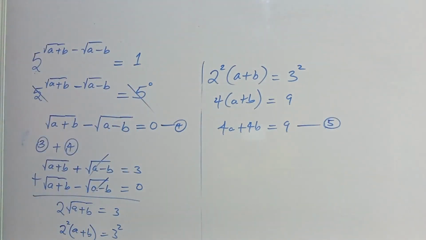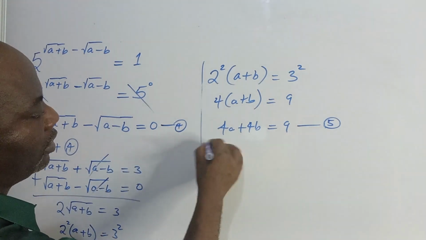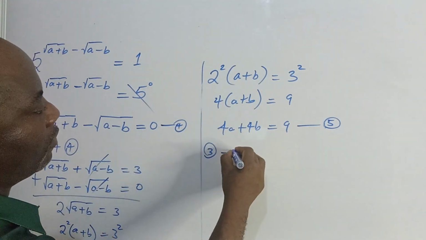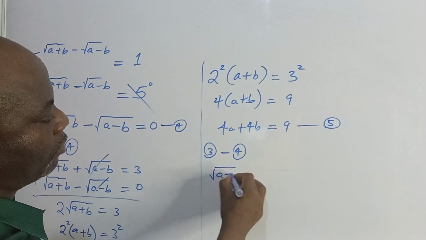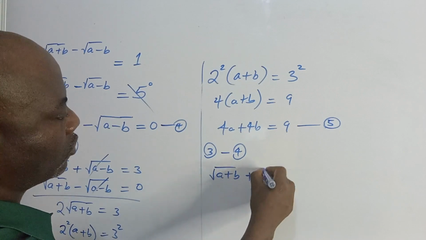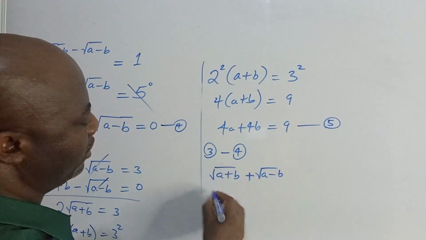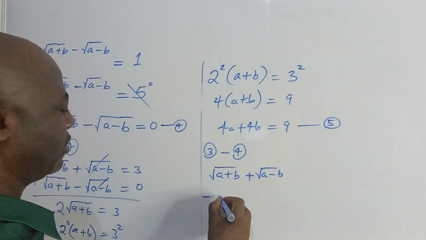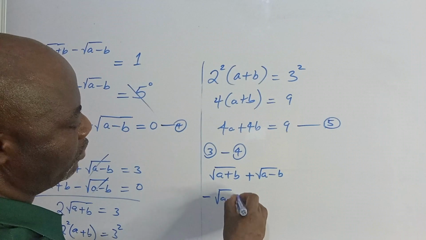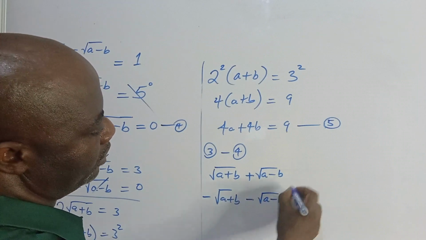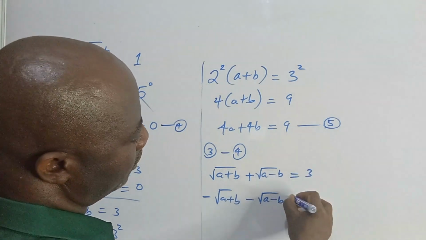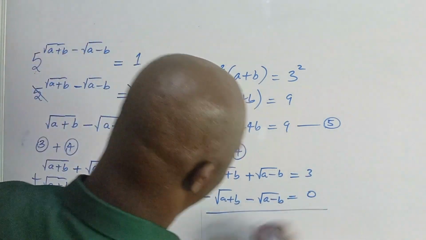If we do the same thing by subtracting equation 4 from equation 3, we have square root of A plus B plus square root of A minus B, then subtract square root of A plus B minus square root of A minus B. This gives us 3 on the right and 0.